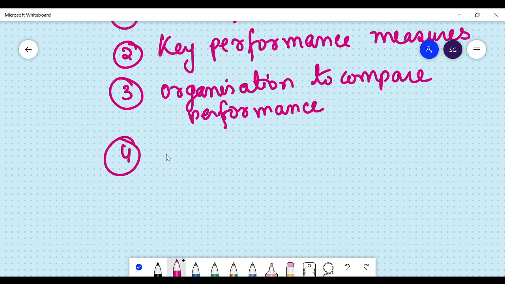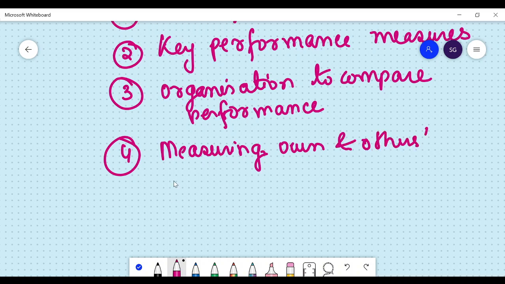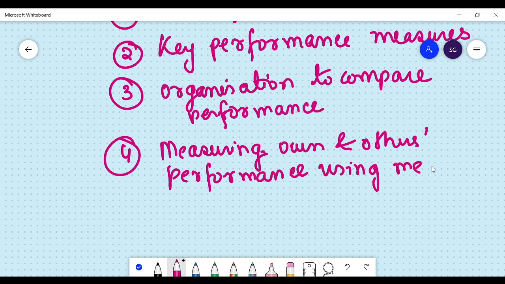Next is measuring own and others' performance using measures that we had defined in step 2.